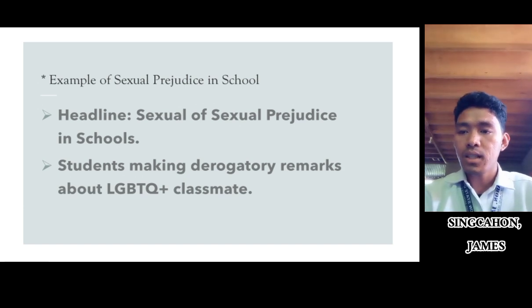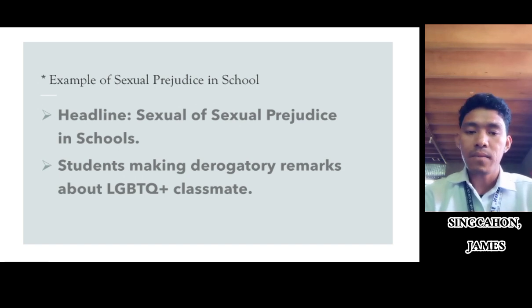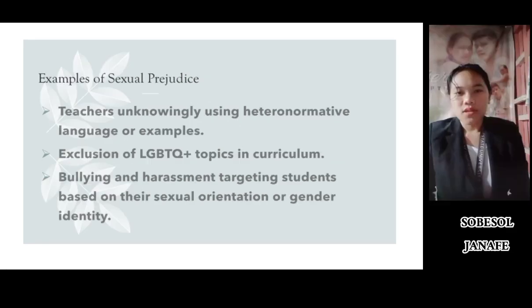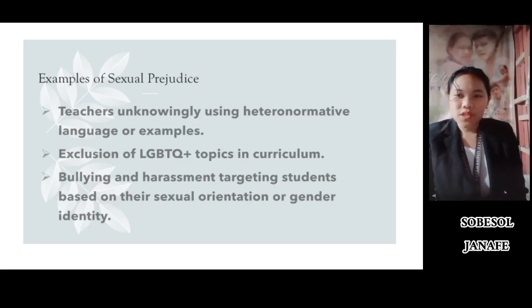An example of sexual prejudice is a student making derogatory remarks about an LGBTQ plus classmate. This could include name calling, jokes, or offensive comments which can negatively impact the mental and emotional well-being of the target students.